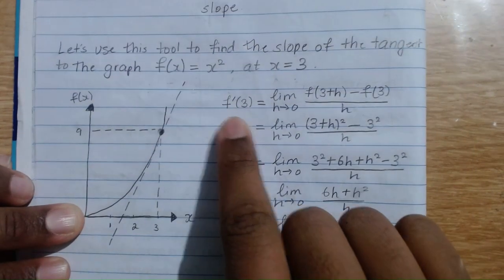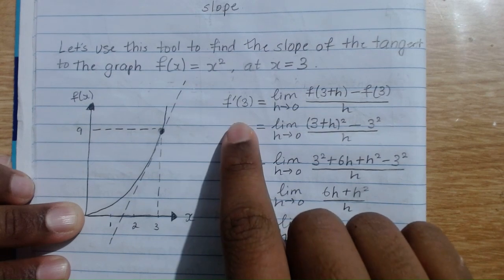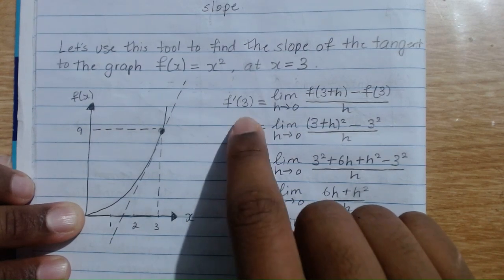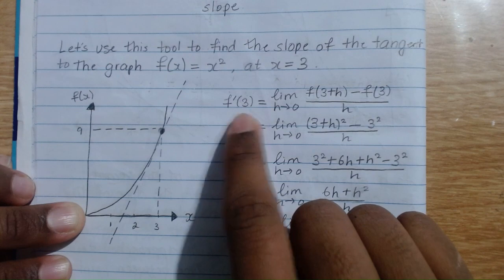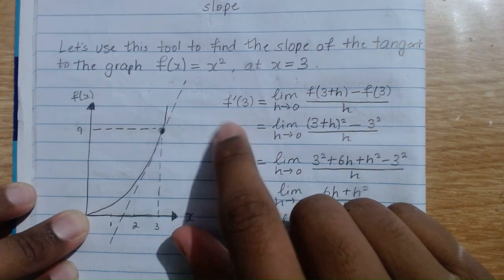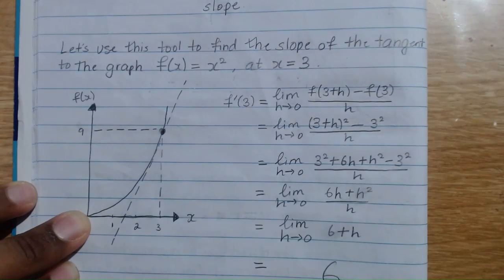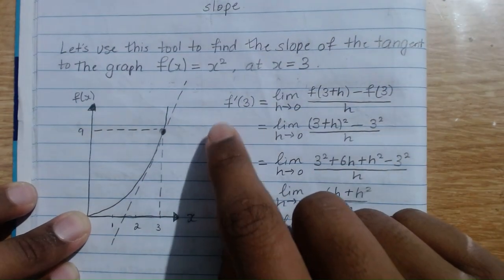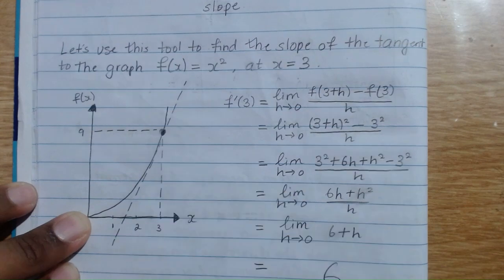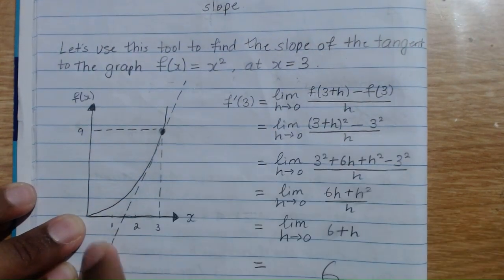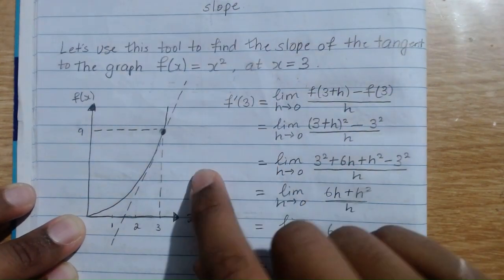So I'm saying f prime of 3, and this is another notation for the derivative. What we're saying is that we're going to evaluate the slope of the tangent line of the function f of x at 3. That's f prime of 3.